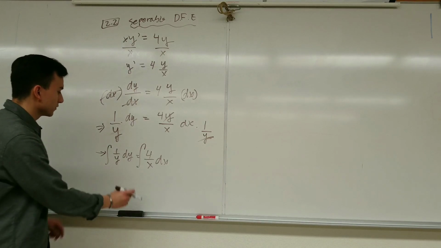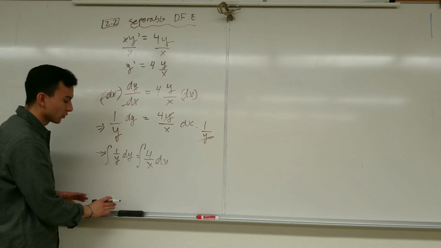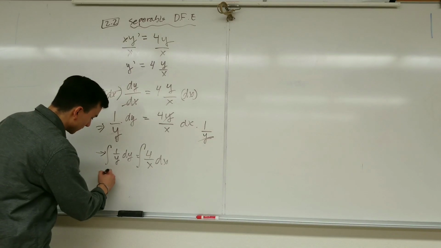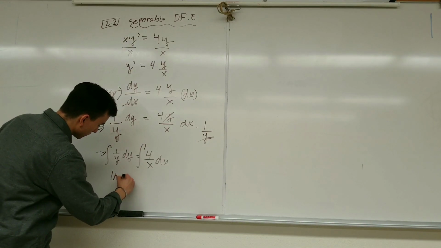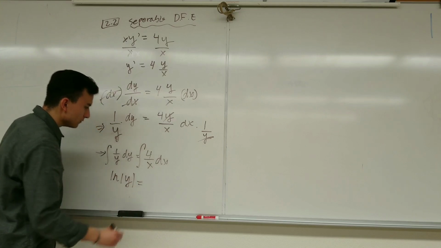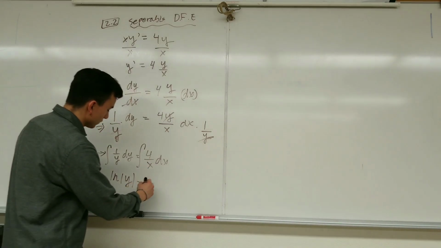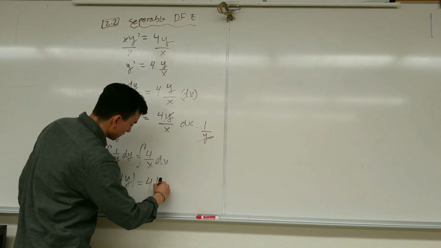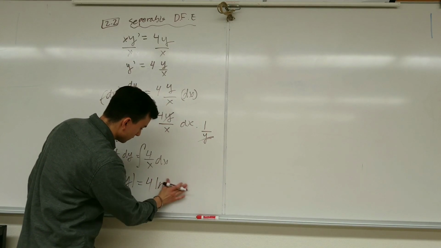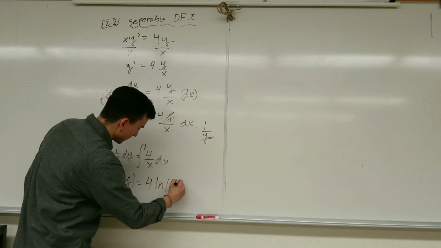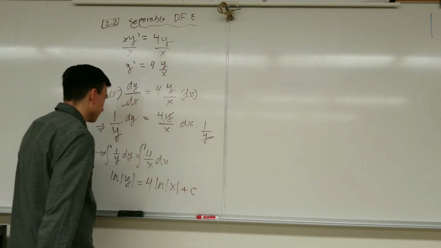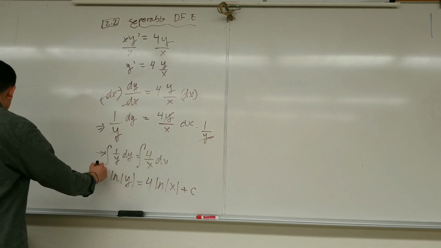All right, so the integral of 1 over y with respect to dy is going to be the natural log of y. And this one, that's going to be 4 natural log of x plus c. Okay.